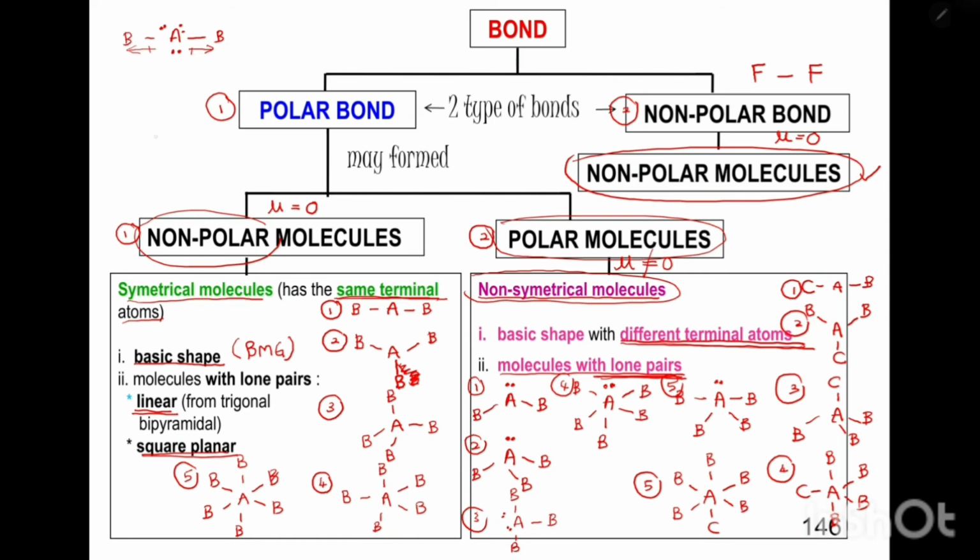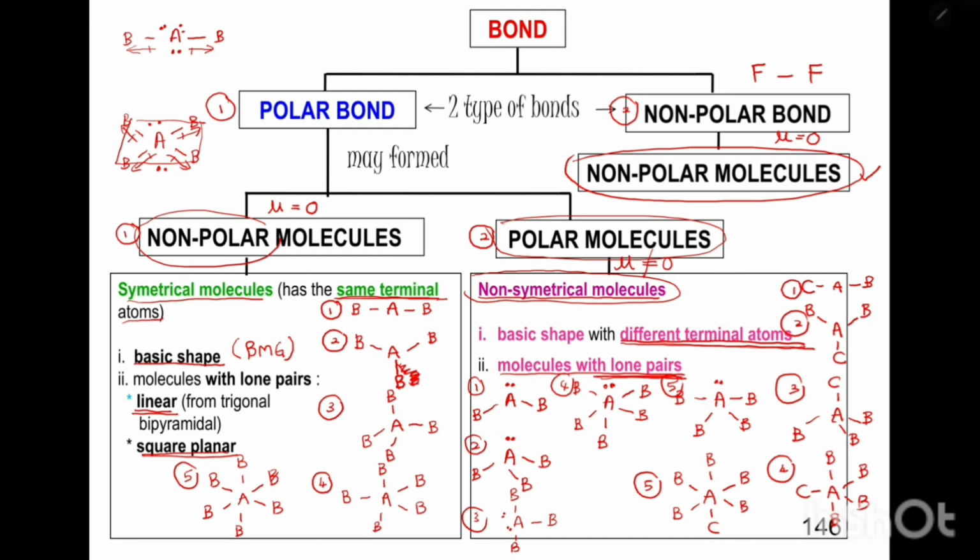Another one is square planar. So this is square planar. This is square, on the same plane, so it can cancel each other if the terminal atoms are the same.